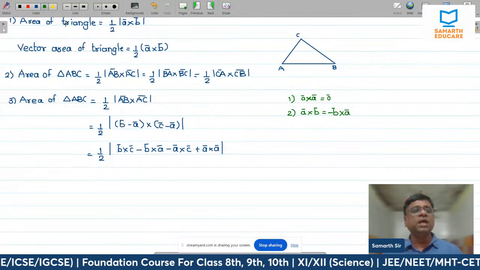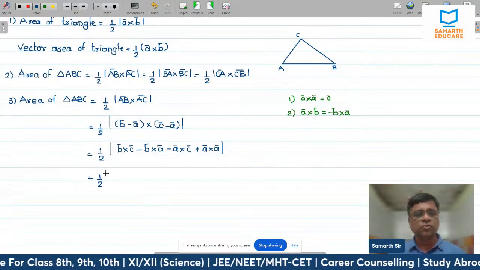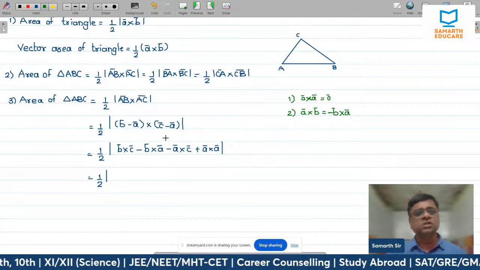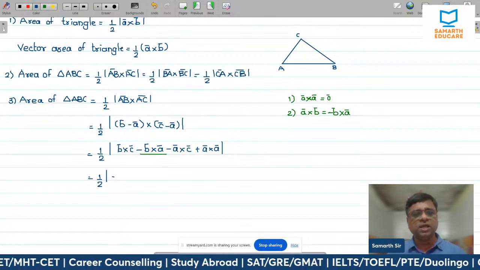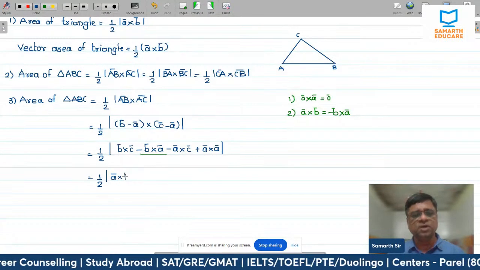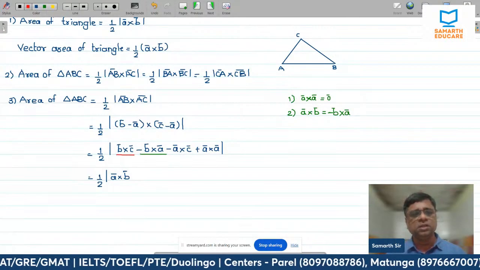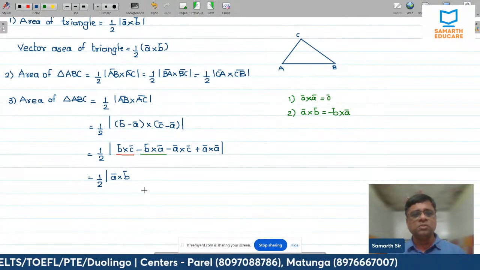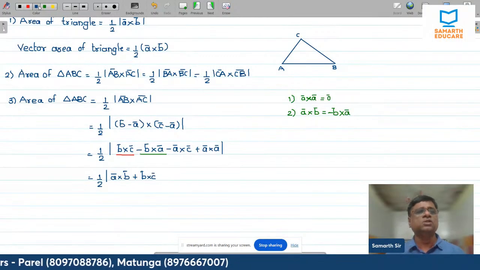So if I apply this over here, it is half. First let me change this. Minus B bar cross A bar will become A bar cross B bar. Then this becomes plus, as it is, B bar cross C bar.